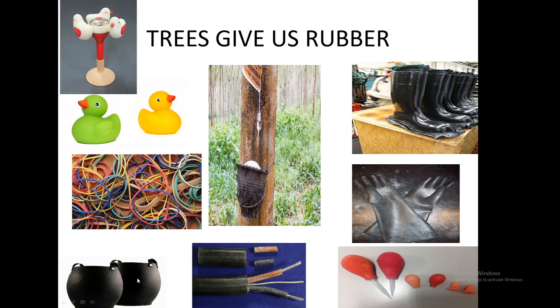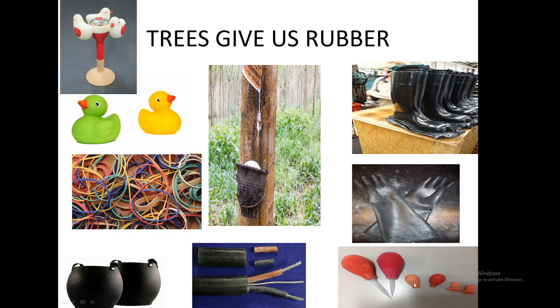In construction areas you can see these kinds of rubber baskets. And this one is also rubber, the outer case of the electrical wires. Inside, the copper wires are going, and outside what is given acts as an insulation, so it protects us from electric shock.